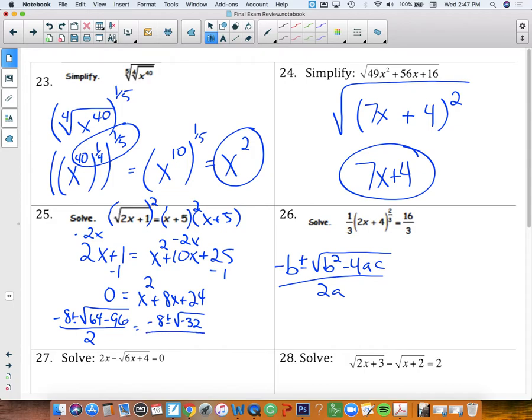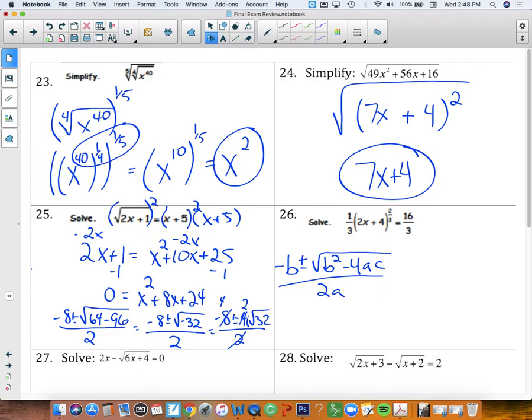That's going to give us an imaginary number over 2. Square root of 32 simplifies to this. So it's negative 8 plus or minus 4i square root 2 all over 2. And then you simplify what you have by taking a 2 out of everything. So that goes away, that turns into 4, that turns into a 2.